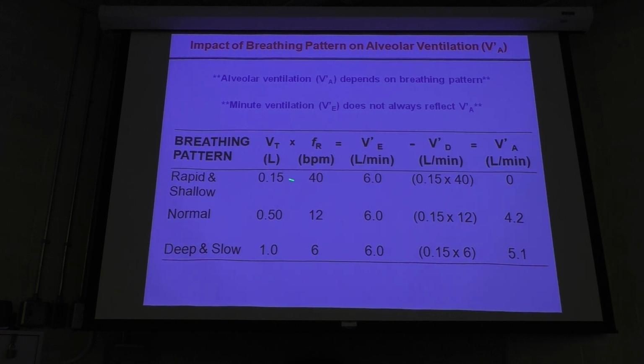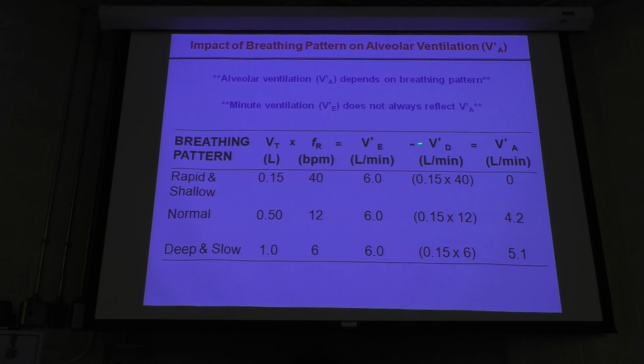You breathe 150 mLs at 40 breaths a minute in rapid and shallow, 500 mLs or half a liter times 12 breaths a minute in the normal, and a 1 liter breath times 6 breaths a minute. In each case, the minute ventilation is 6 liters.